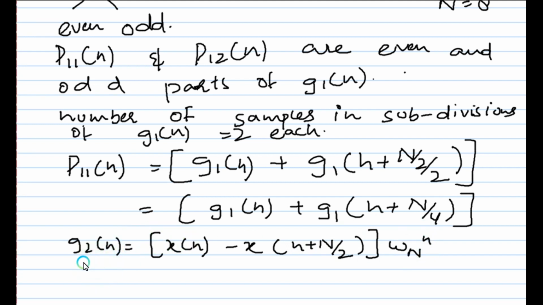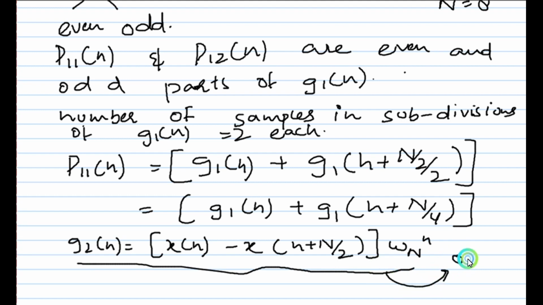What is g2 of n? This is an odd sequence. What is p12 of n? It's also an odd sequence. So we will try to derive p12 of n using g2 of n.